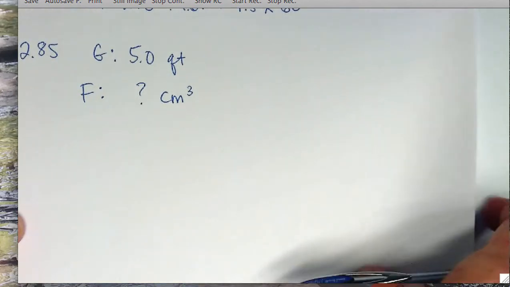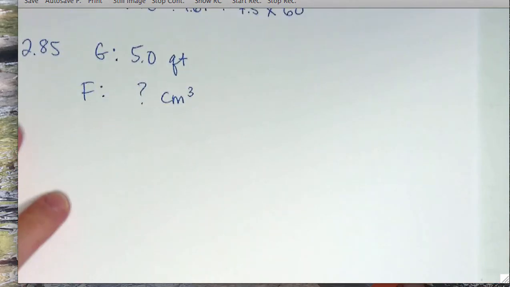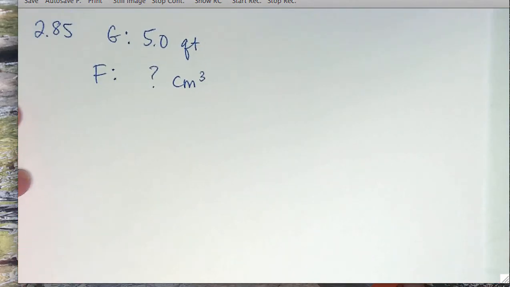Okay. So did anybody work this problem? I Googled that 30 cubic centimeters is 1 ounce.